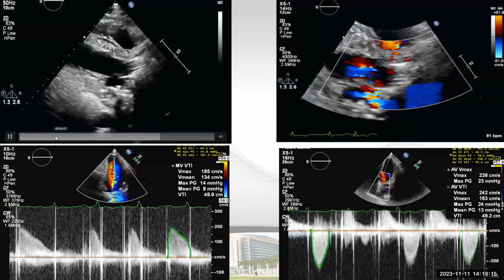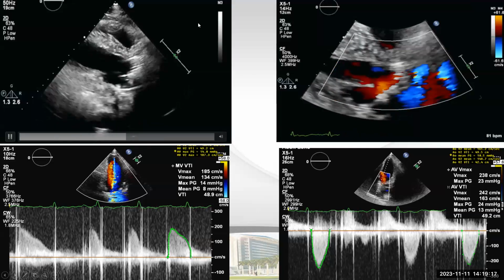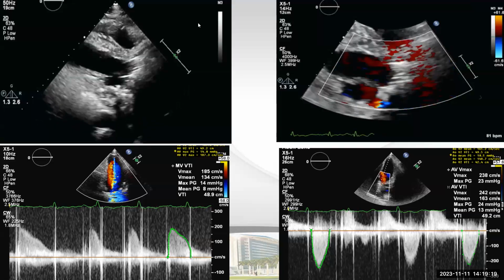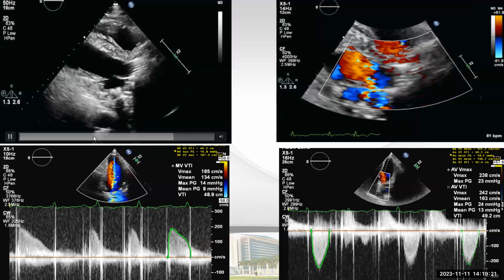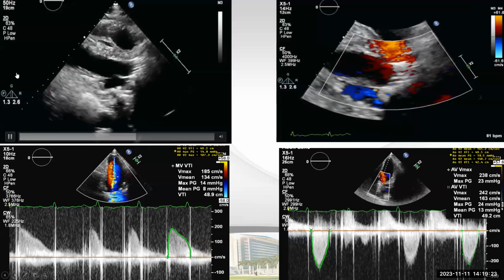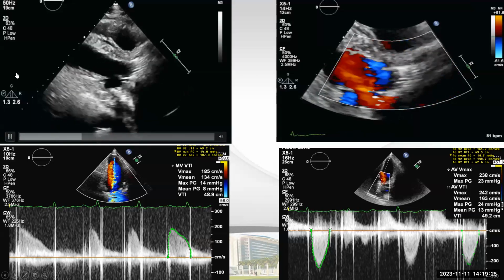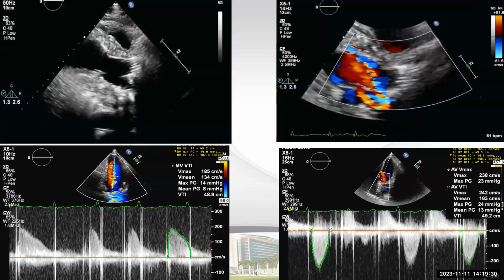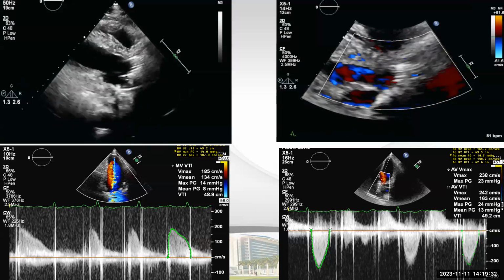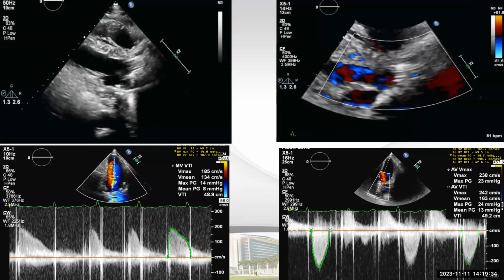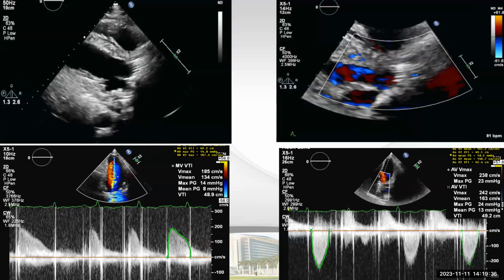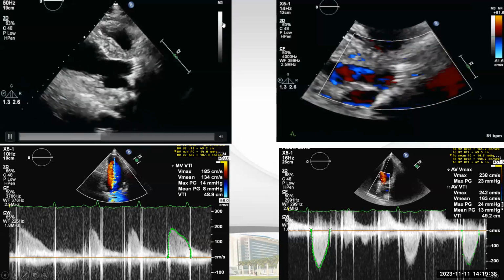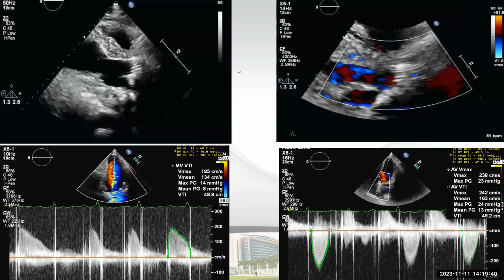No. Let's see. Mechanical mitral valve, VSD. There is a lot of discrepancy in answers. Mechanical mitral and aortic valve, mechanical mitral valve and aortic, mechanical.